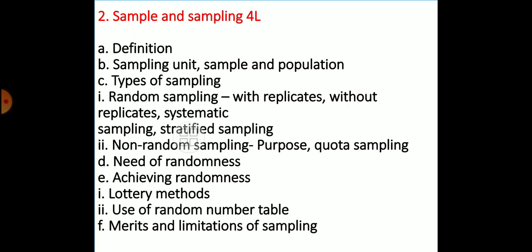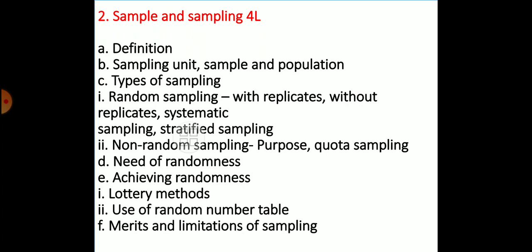So again, there are types of sampling, isn't it? Random sampling, non-random sampling. Which type of sampling method is applicable to which type of population, that also we have to learn under this method.